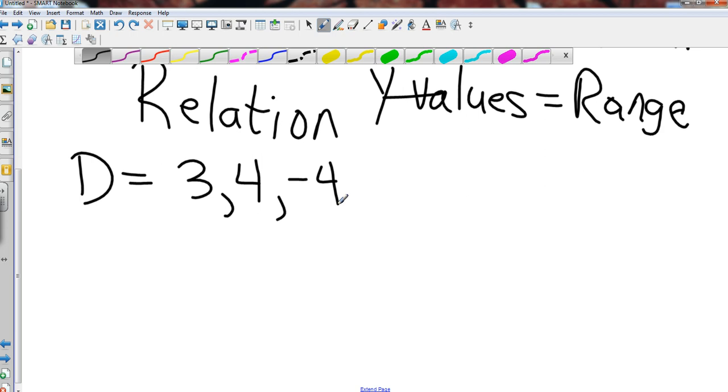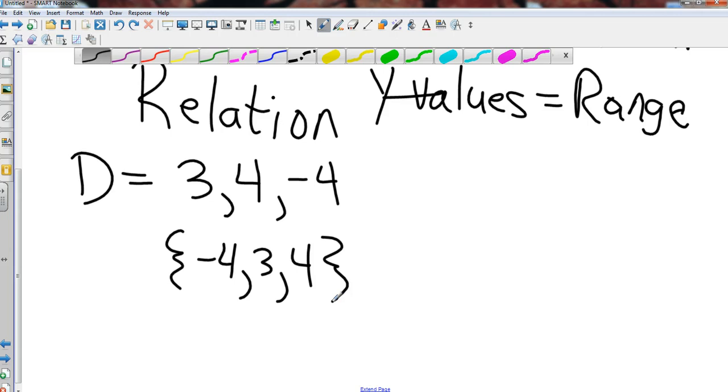But when we write it in what's called set notation, and that's just a squiggly little parenthesis, like a parenthesis with a nose on it, we write them in order from least to greatest. So the actual domain of this relation is going to be negative 4, 3, and 4. I know there's somebody sitting at their desk going right now, do they have to be in order? Yes. If they are not in order, they will be counted incorrect.